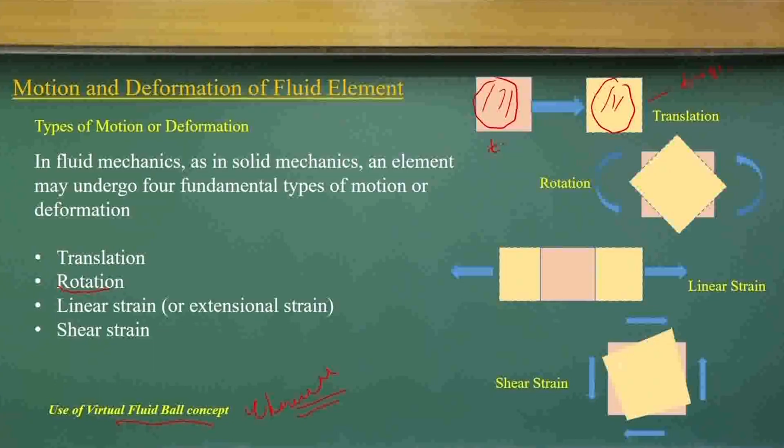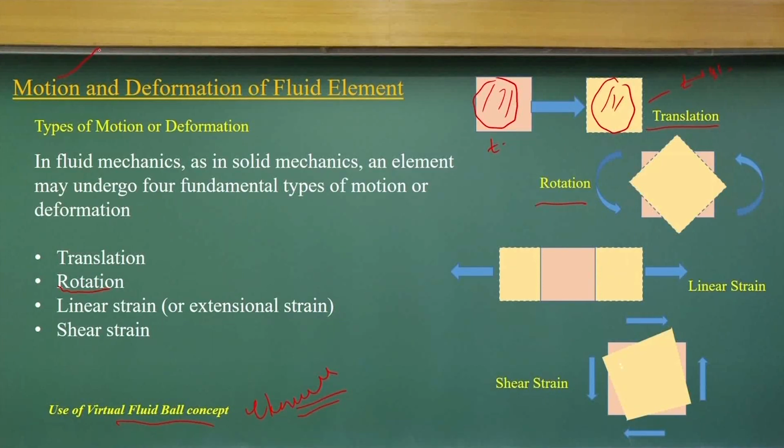The variations of the velocity field will cause the rotation of these fluid particles. The velocity field also determines how the translational motion will happen from point A to point B as fluid particles change from time t to t plus delta t. So it all depends upon the velocity fields. That way we can have translation or rotation, which is the motion part.